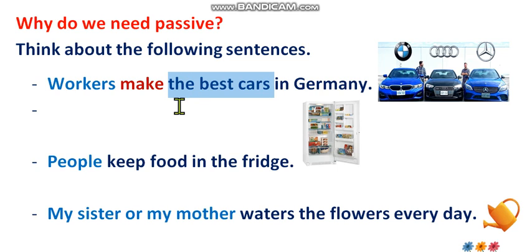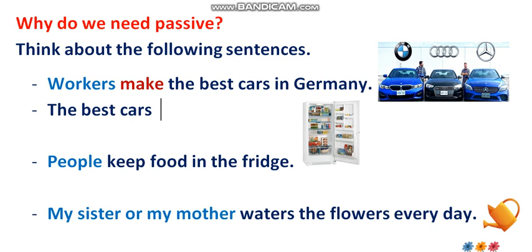So the answer is, the best cars make. We cannot say that, cars do not make anything. So it should be are. We should use am or is or are. For cars we use are. Make, made, made. We need the third, which is made. And the rest of the sentence can go like that, in Germany.